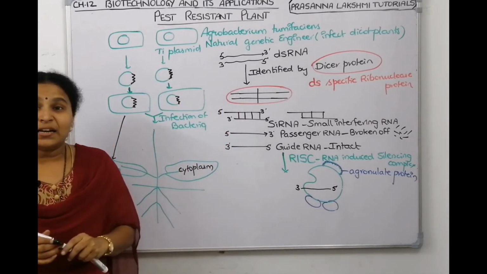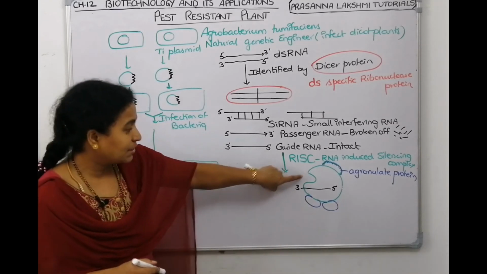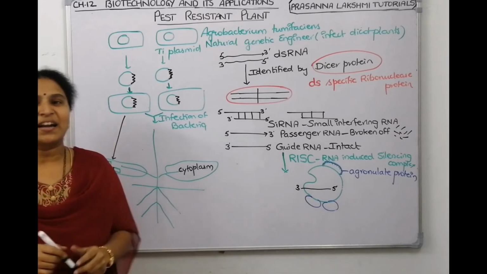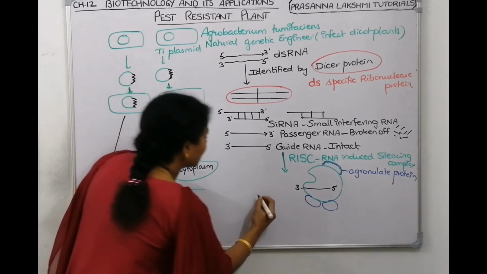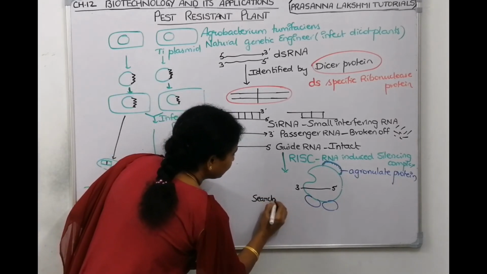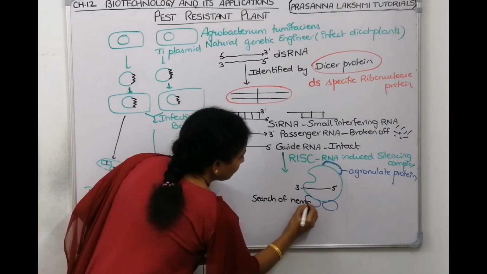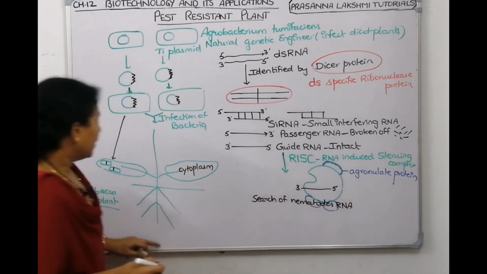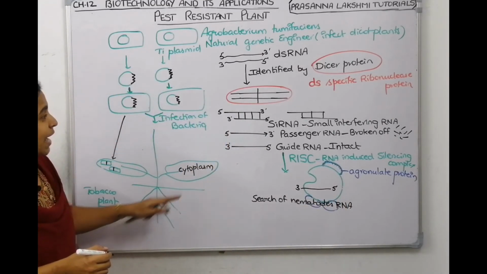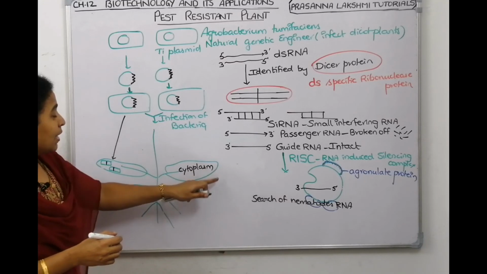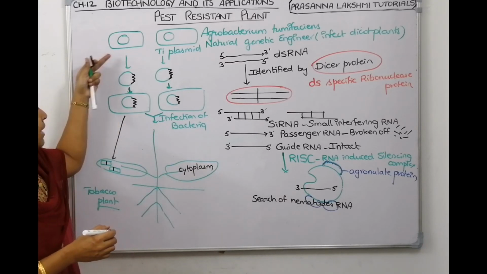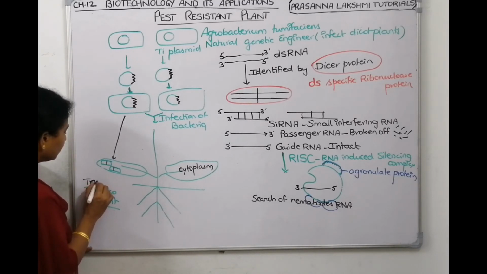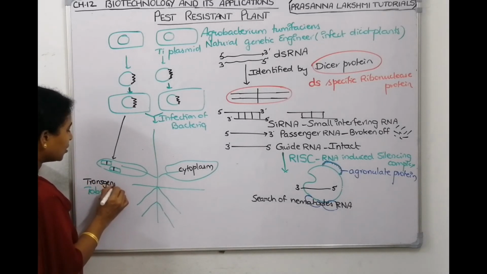Now, this RNA induced silencing complex and the guide RNA are in search of nematode mRNA. If this plant has all this inside, because Agrobacterium has transferred the genes, it is a transgenic tobacco plant.